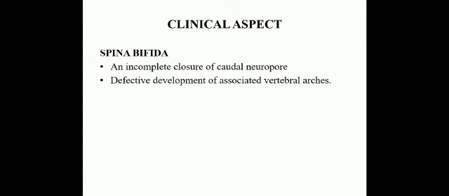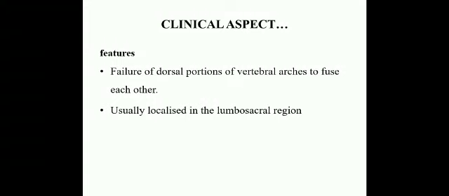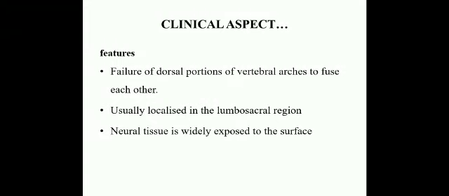Spina bifida is an incomplete closure of the caudal neuropore. There will be a defective development of the associated vertebral arches. The features of spina bifida include failure of the dorsal portions of the vertebral arches to fuse with each other, usually localized in the lumbosacral region, and the neural tissue is widely exposed to the surface.